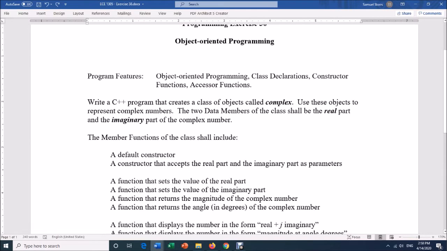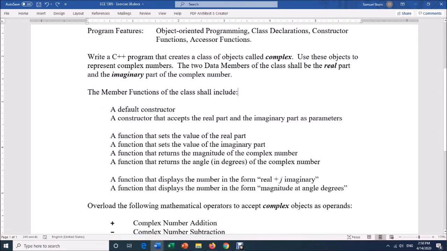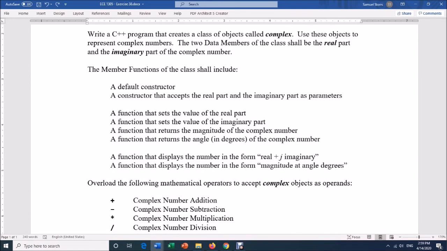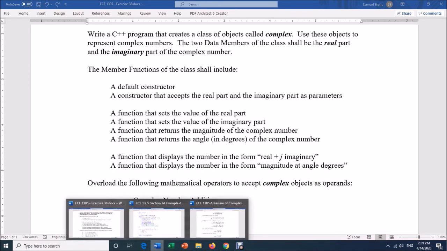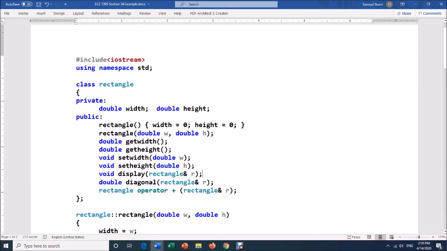I recommend that when you write your program, that you write one function at a time. You first declare the class with its data members, and then when you start writing the functions, write them one at a time.